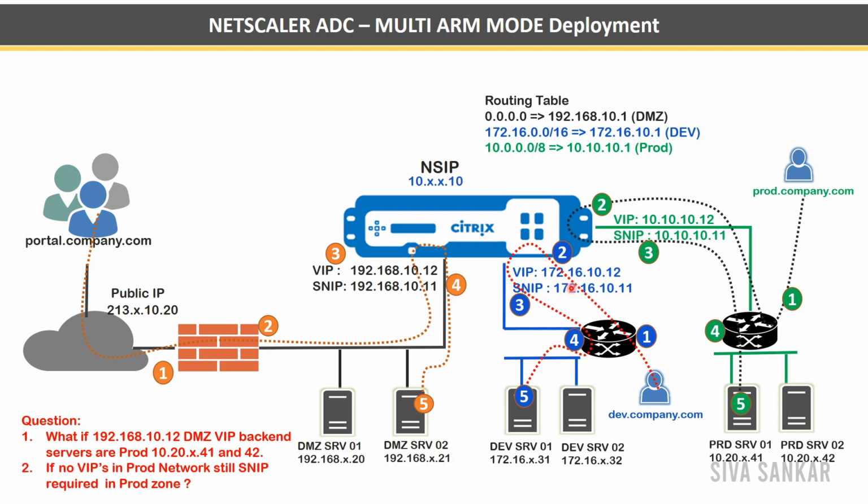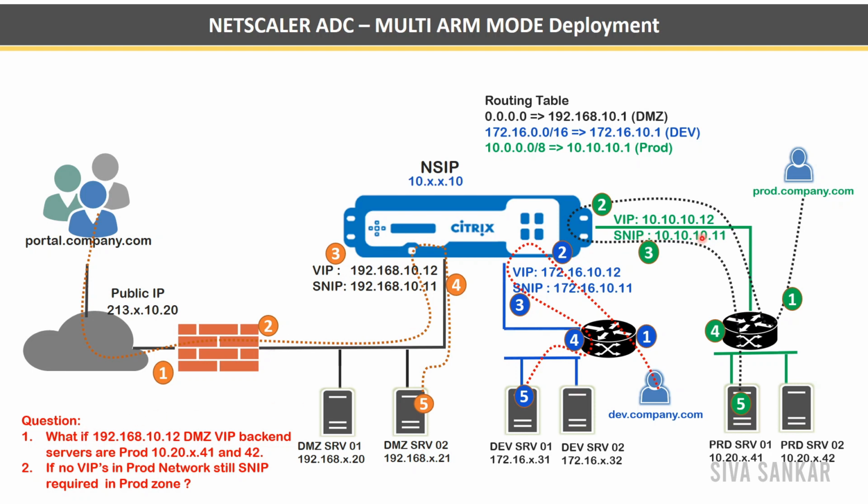Let's say the second question: if there is no virtual IP in the production network, is a SNIP still required in the production zone, right? What I mean is, let's say you don't have a virtual IP here. You have an interface, and you have backend servers in that. And if I have my virtual IP here, going back to our first question, do I need a subnet IP? Yes, of course, right?